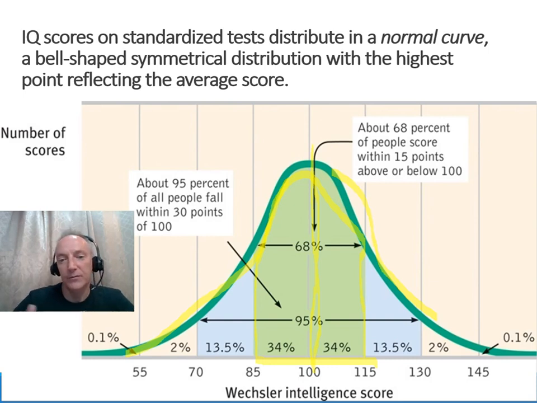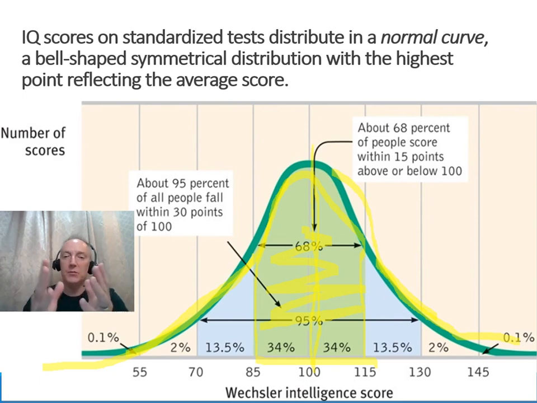Most people are somewhere near the average. 68% of all people are going to be somewhere between 85 and 115. And the farther you get to either extreme, above 100 or below it, the fewer and fewer people you get. So that means we have very few geniuses, very few people who are significantly impaired, and most people are clustering around the average.